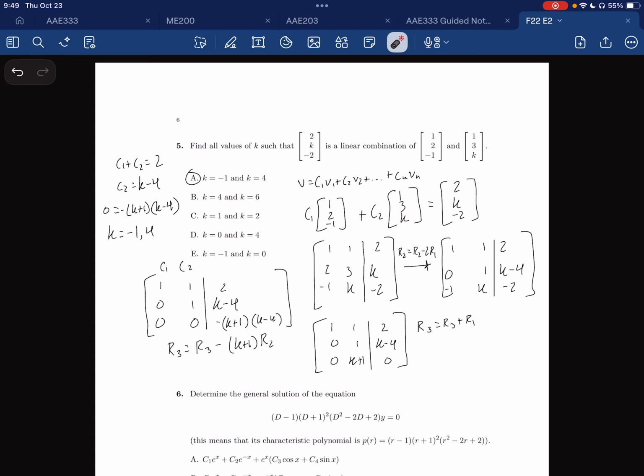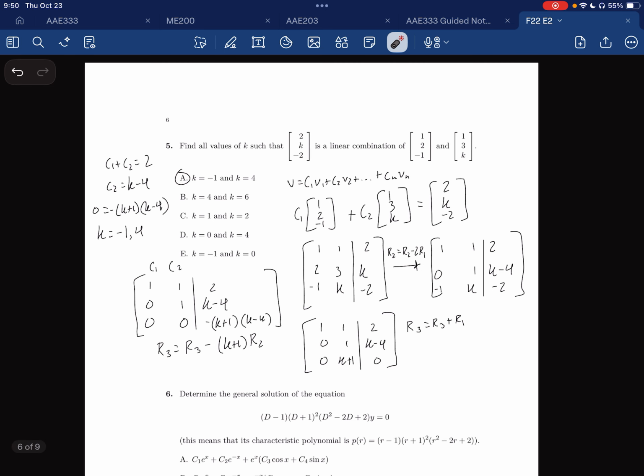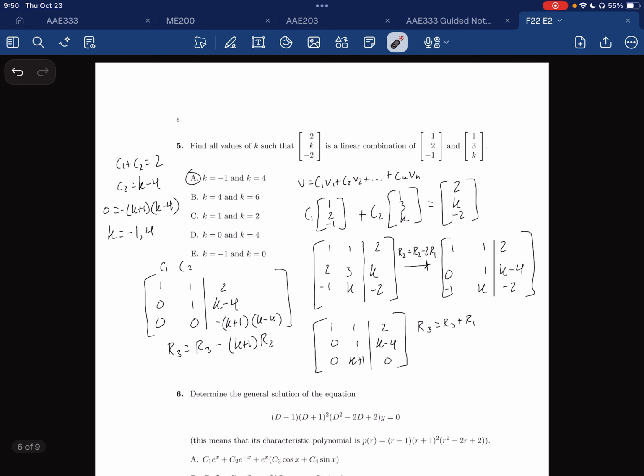And then as you keep going through your row ops, you want your k's in one row where the rest of your row is all zeros, because then you can either get a simple quadratic or maybe even a linear equation where you can solve for everything. I hope that makes sense.